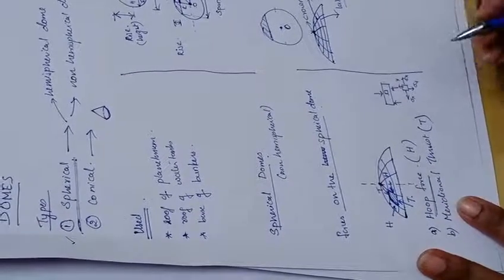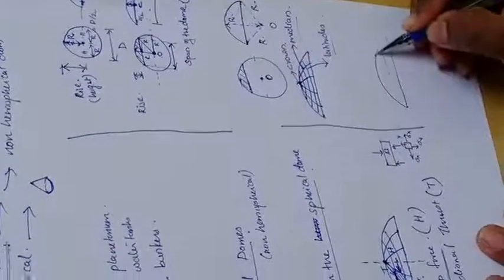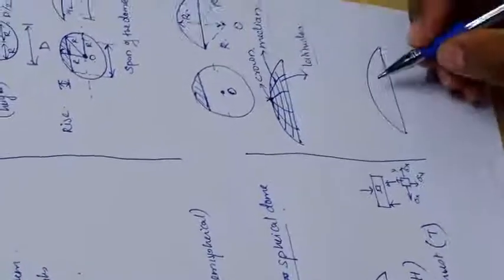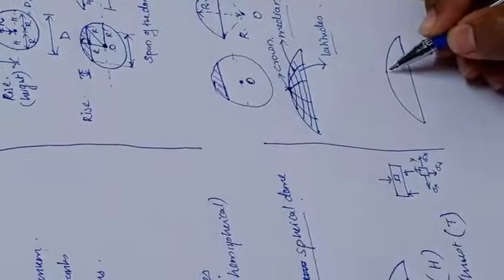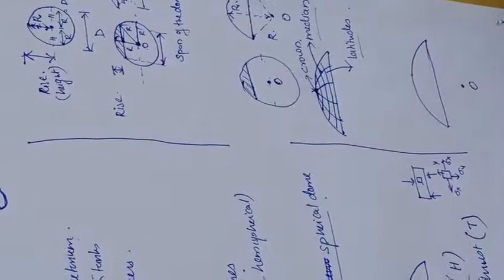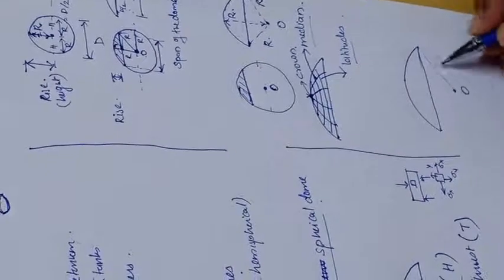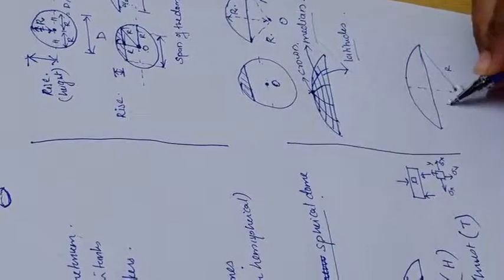So say if this is our hemispherical dome, we will find out the hoop force and meridional thrust at different locations. Say if this is the center of the sphere and this is the radius, this is also the radius.